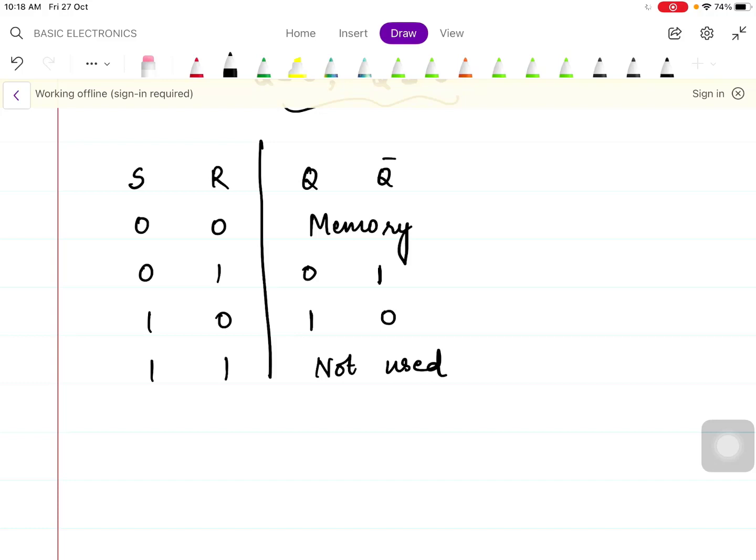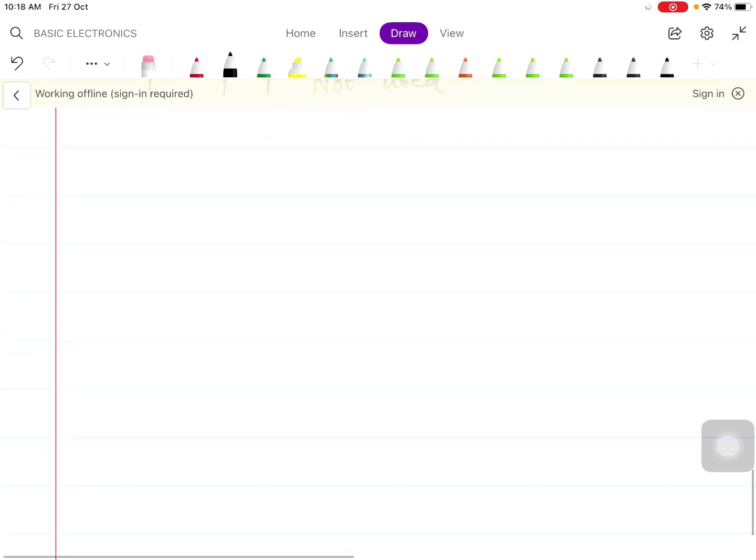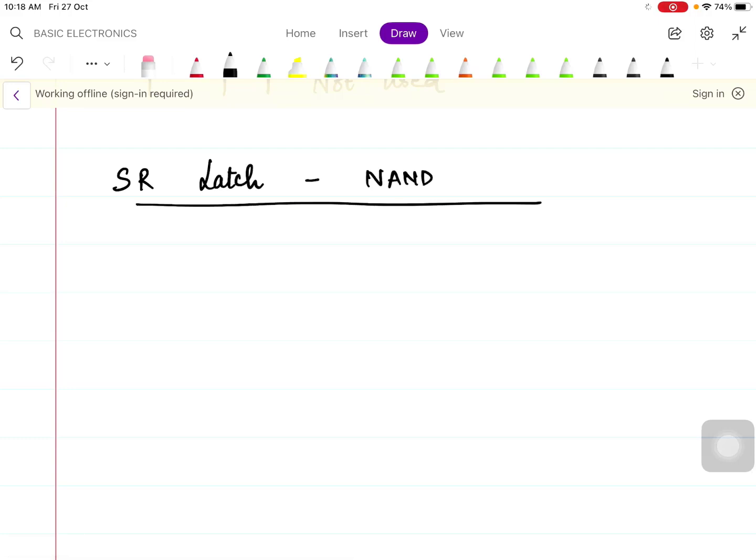Next we also have to see the SR latch using NAND gate. We have already discussed the working of the SR latch using NOR gate, so I won't discuss the working again. Let us see the circuit first.